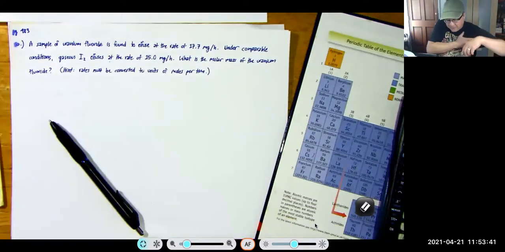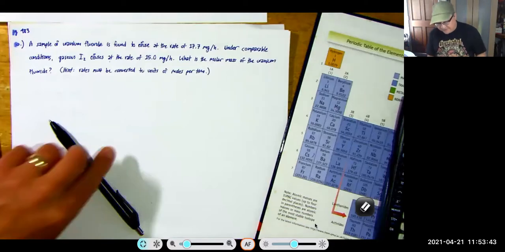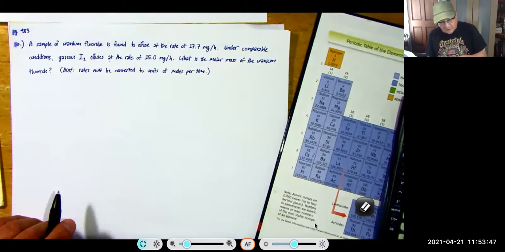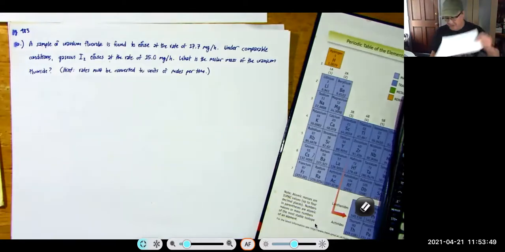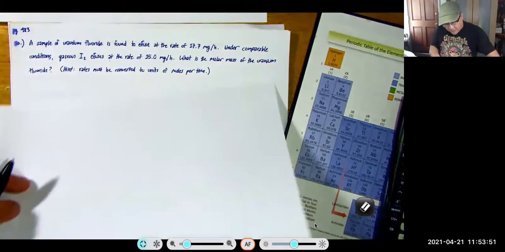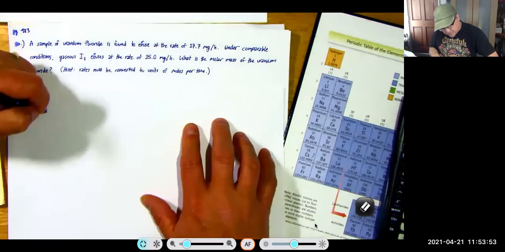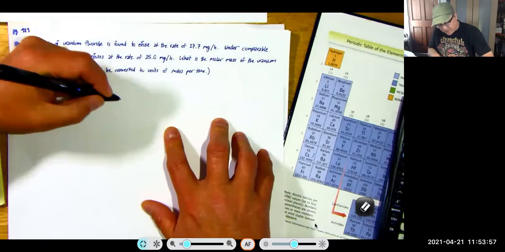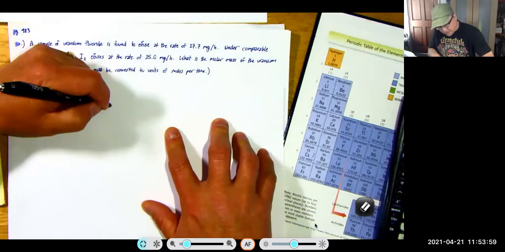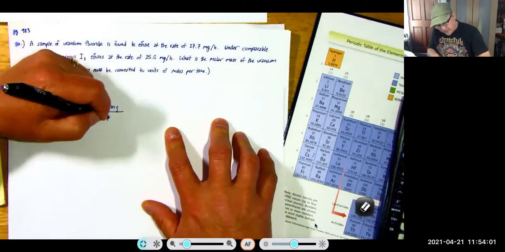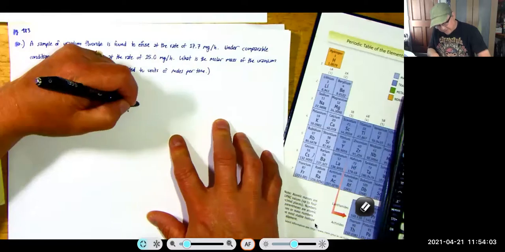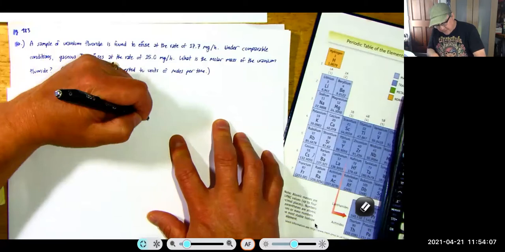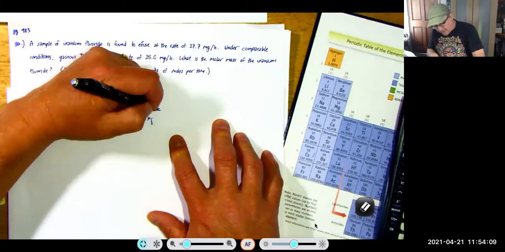And I think there probably is an easier way to do this. And what it has to do with is this. Couldn't we say that the rate for I2 is going to be 17.7 milligrams per hour times 1 over 1,000 times 1 over the molar mass of I2?